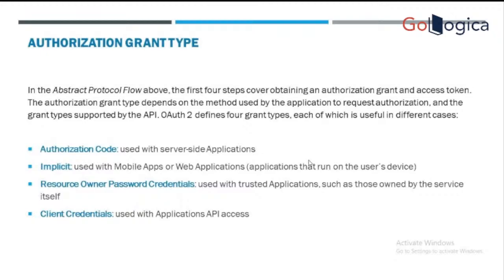Like what grant type is supposed to be used and for which purpose. And you are supposed to know what type of flow is behaving in OAuth, and then in OIDC.